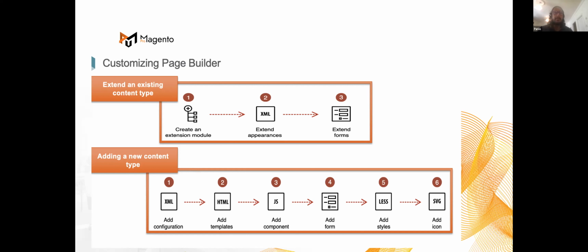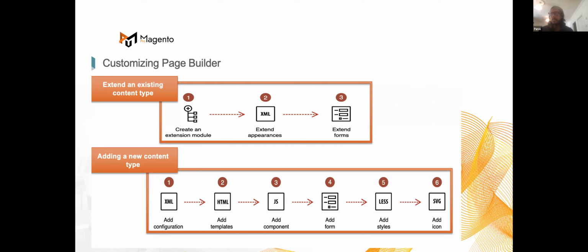And then another way to modify the behavior in Page Builder for merchant needs would be to add a new content type. Sometimes the merchant has a very specific content need, and in those cases you can offer to create a new content type for them. Like I've had in the past, there were merchants who needed player cards on a sports website.